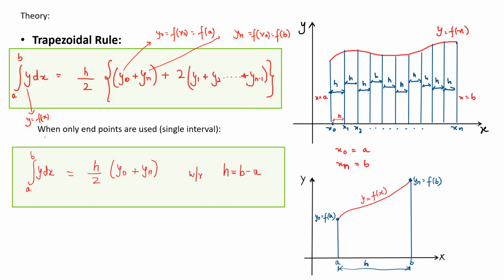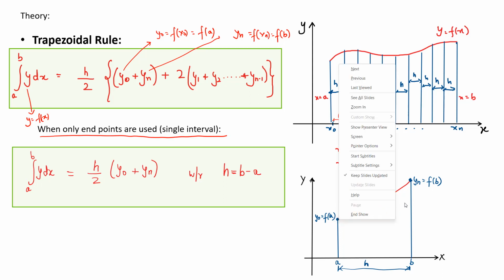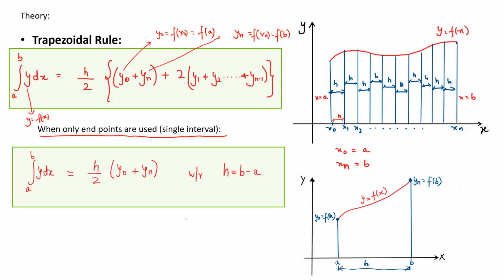Now when only endpoints are used to evaluate the integral using the trapezoidal rule, the formula simplifies. In this figure, we can see that if we only have endpoints a and b, which are the limits of this function y, where y is some function of x given as f of x, then the trapezoidal rule just becomes: the integration of f of x from a to b dx is nothing but h by 2, where h is now given by the difference between the upper and the lower limit.